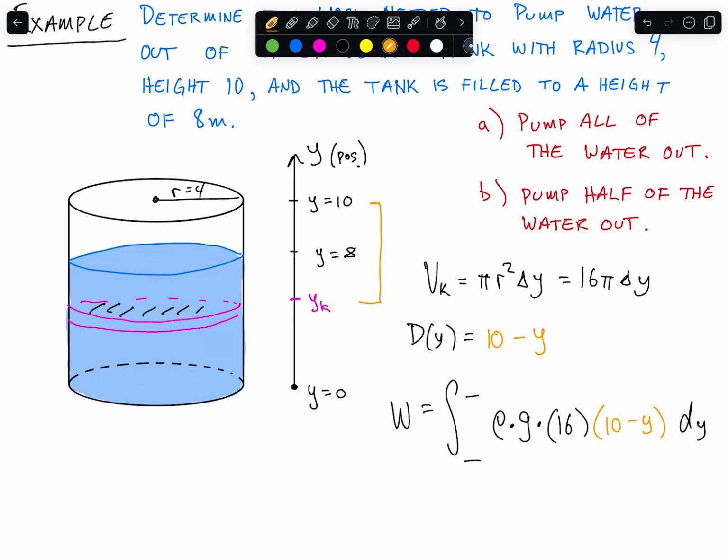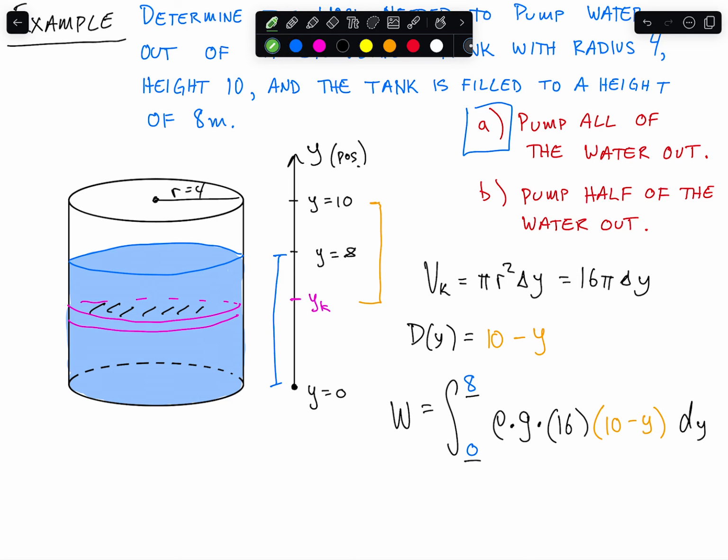We need to pump out all of the water. All of the water, so if we do that with blue to talk about part A, all of the water is represented by 0 to 8. So that maybe doesn't feel strange or different to us than what we saw previously. We're just covering the entire width of water from 0 to 8.